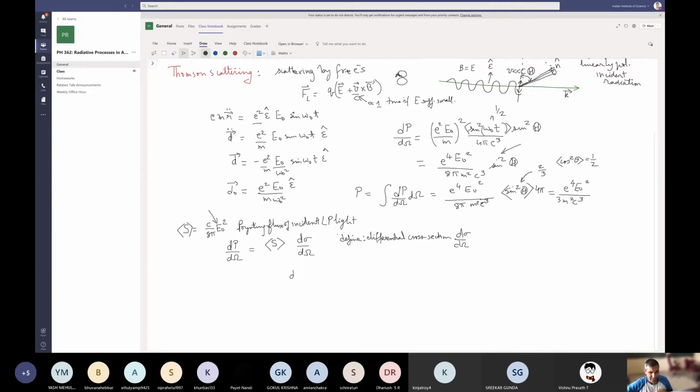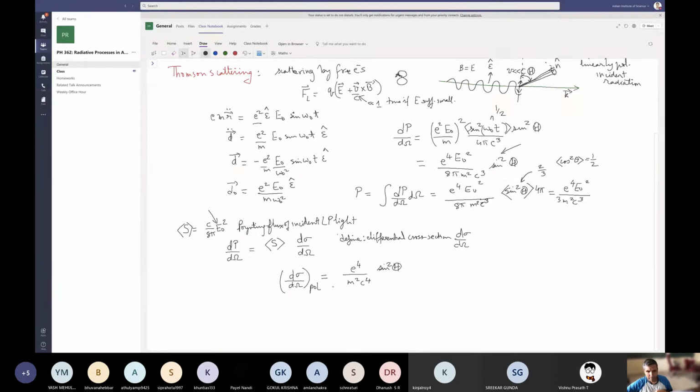We get d sigma d omega for linearly polarized light is equal to, we are just taking the ratio of this and that, and what do we get? We get e to the 4 by m squared c to the 4, sine squared theta.